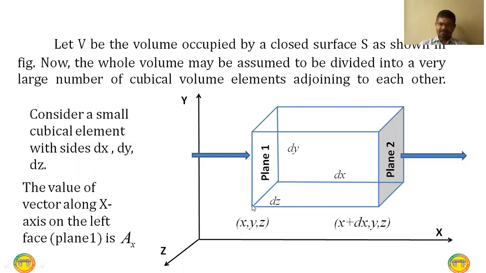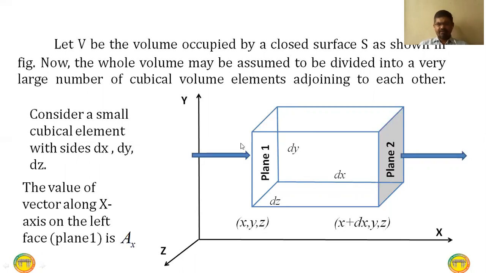Here I am writing the coordinate of this vertex as x, y, z. The length of this side along the x-axis is dx, along the y-axis is dy, and along the z-axis is dz. Therefore, the coordinate of this vertex is x plus dx, y, z.